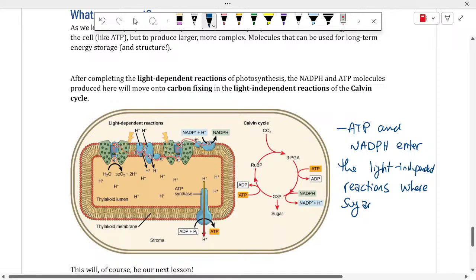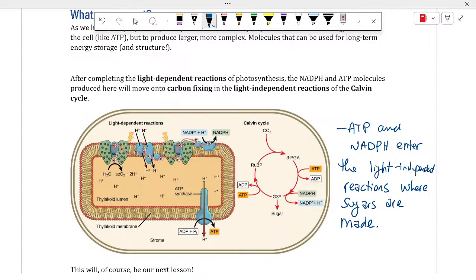Sorry? So do you mind speaking loudly as if I were an old man? The light-dependent reactions. We refer to that collectively as just the light-dependent reactions, and we refer to the next stage as the light-independent reactions. Good question.